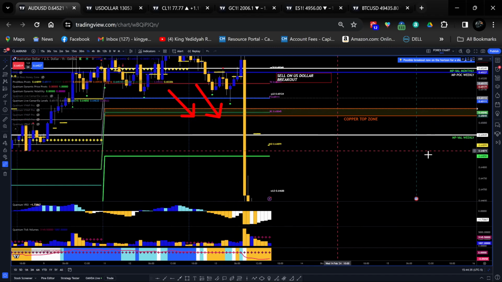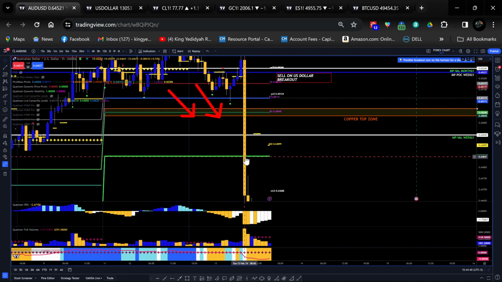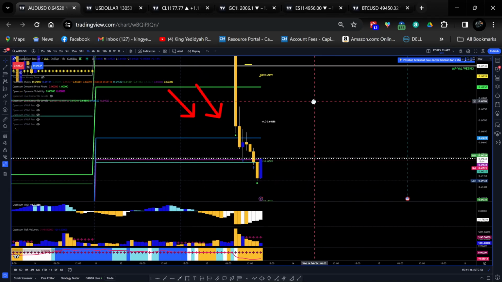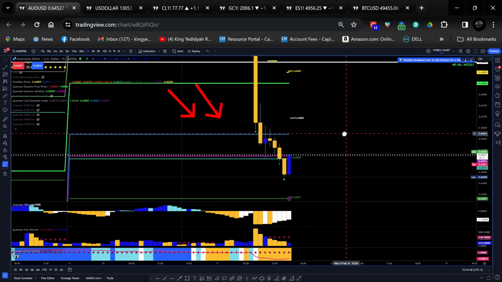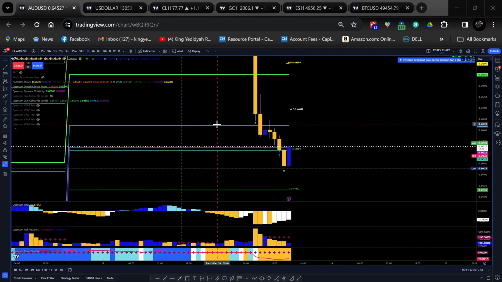So basically we lost that, lost the weekly value area low, came down to Camarilla S4, 0.64850, lost that as well, right? We came all the way to Camarilla S5, and this is Camarilla S6, the purple line.